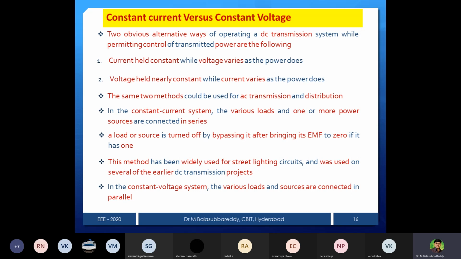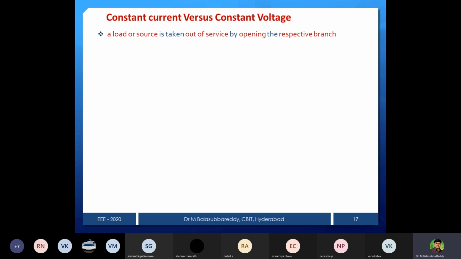If it is a current source, you keep it in series. If it is a voltage source, you keep it in parallel. A load or a source is taken out of service by opening the respective branch. Suppose you want to remove a load: because these are in parallel, if the particular load branch opens, automatically the load will be disconnected.